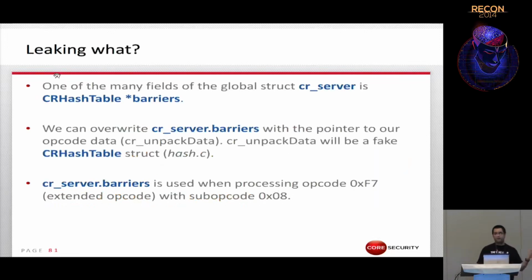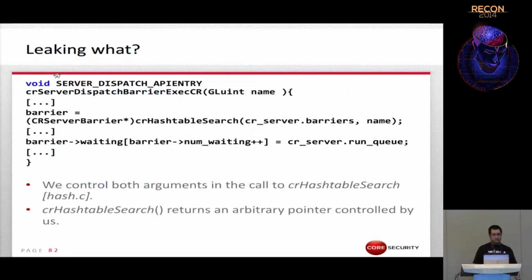One of the many fields of the CR server variable is called barriers, which is a pointer to a CR hash table structure. And this barriers field is dereferenced when processing the opcode 0xF7 with sub-opcode 0x08. And this is the function that handles that combination of opcode plus sub-opcode. Making a long story short, the attacker controls both of the parameters for that function call, and we can make that function return an arbitrary pointer, which is stored in the barrier variable.